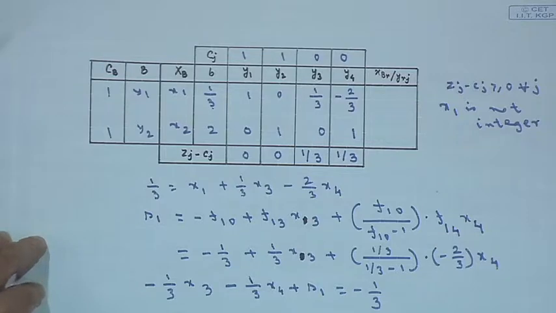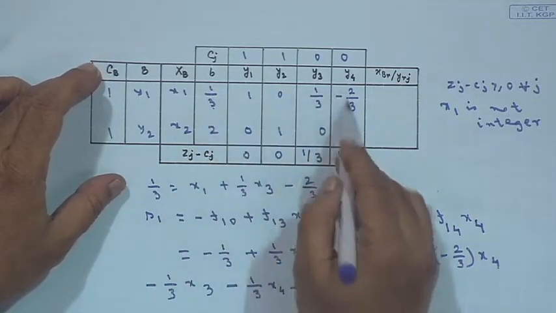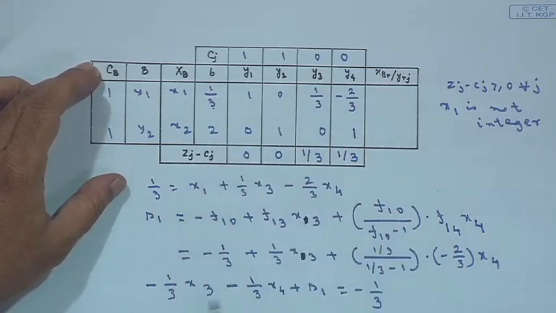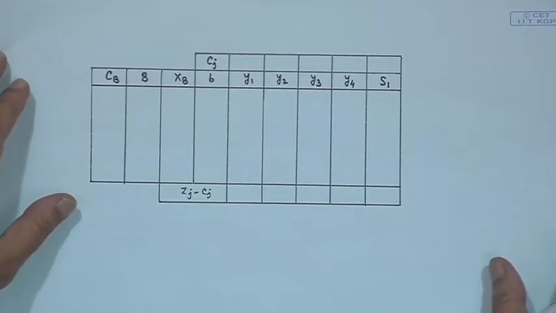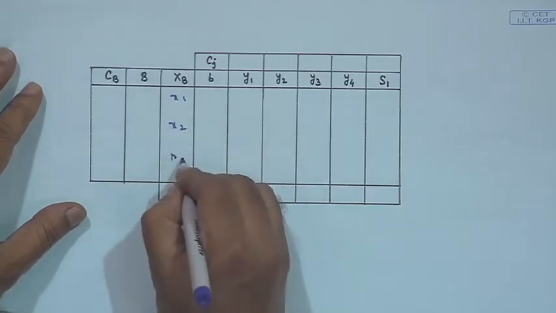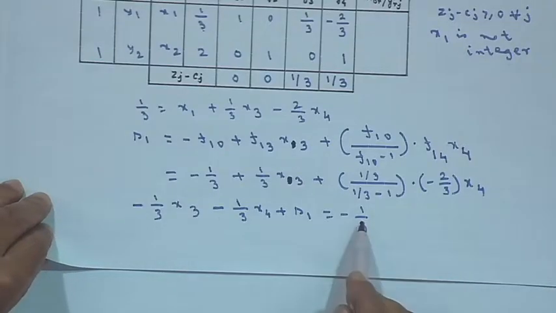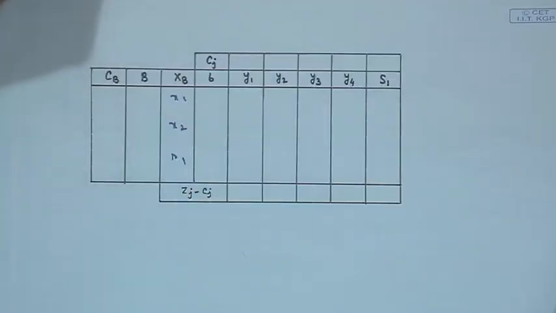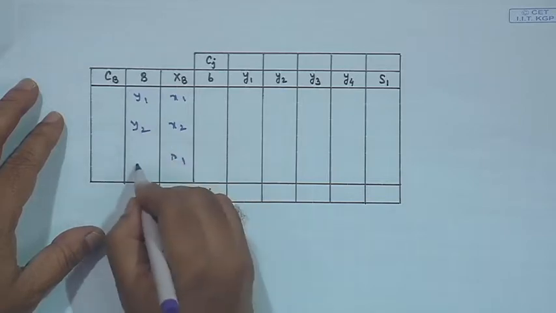These rows will remain as they are, only this row will enter and one more variable S 1 will come. So, in the basis you will have x 1, x 2 and S 1, corresponding to the new Gomorian constraint row. This will be y 1, y 2 and S 1.